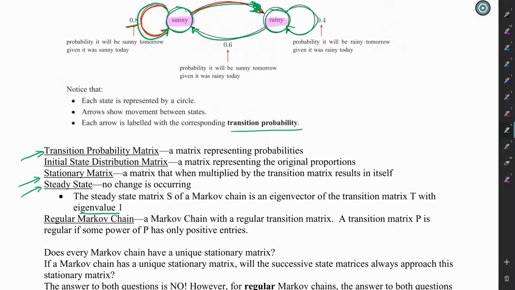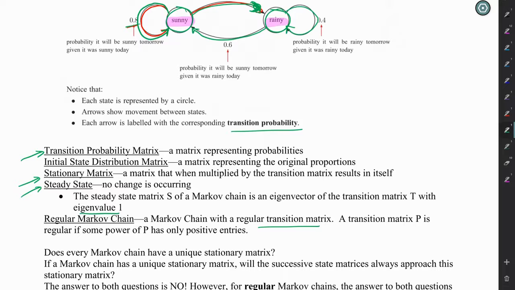A regular Markov chain is what we're going to be studying here today. A regular Markov chain has a regular transition matrix, and a regular transition matrix is one that will approach that steady state. So everything that we're going to deal with will have that steady state. Not all Markov chains do, but for our purposes, what we're studying in this unit will always have that.